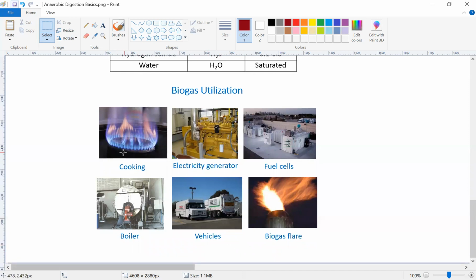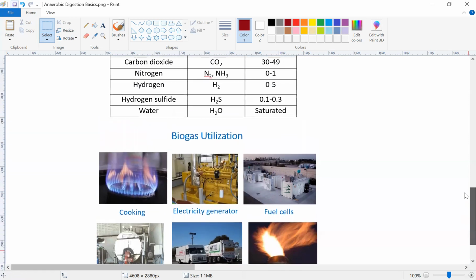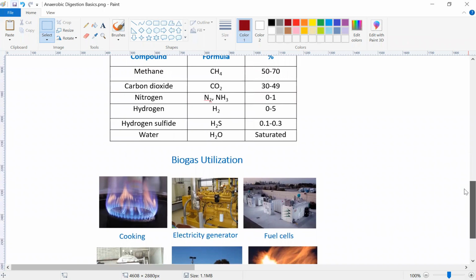If we would like to use biogas for cooking, especially in developing countries, you can connect the reactor outlet to the stove, but you first need to at least remove the hydrogen sulfide.